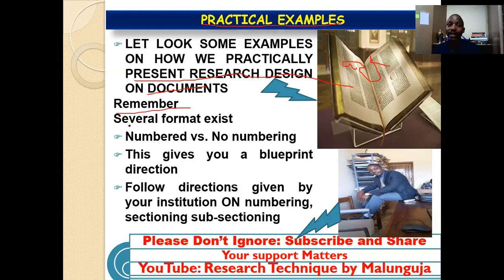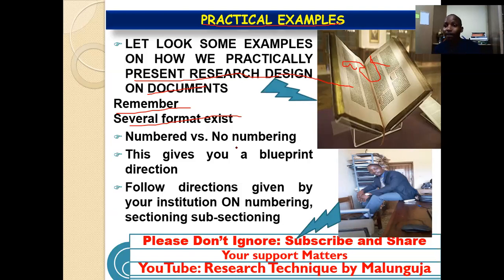Remember, there are several formats that exist on how to write this. But I have tried to use a numbering format, which will give you relevant information: what kind of information should appear under what style, and all those things.